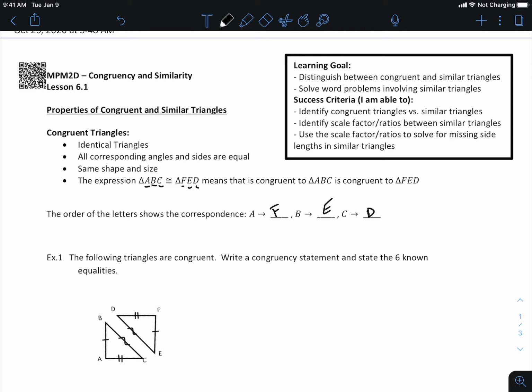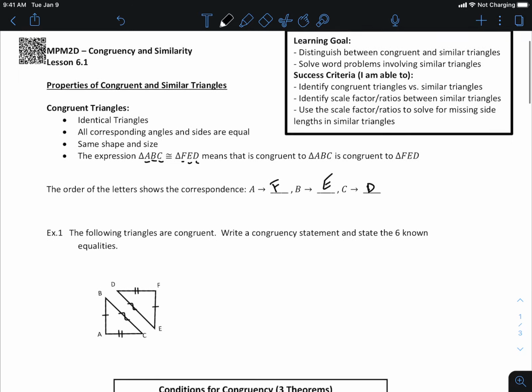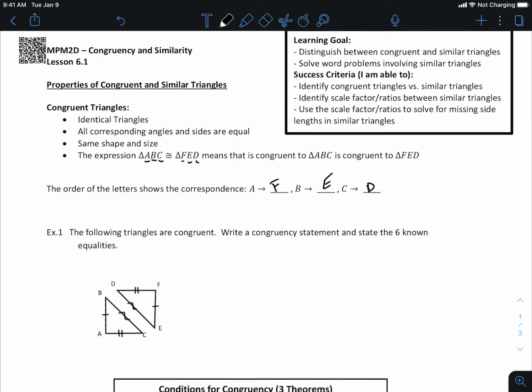The same is true about the angles. So angle A should equal angle F. Angle B should equal angle E. And angle C should equal angle D.